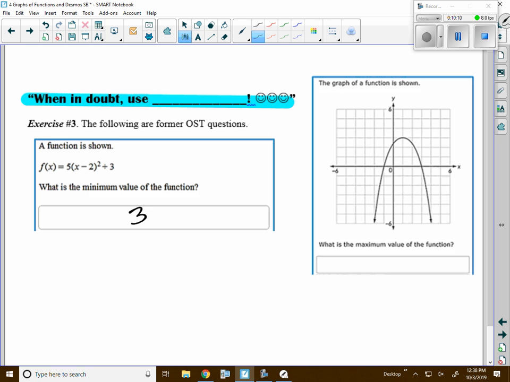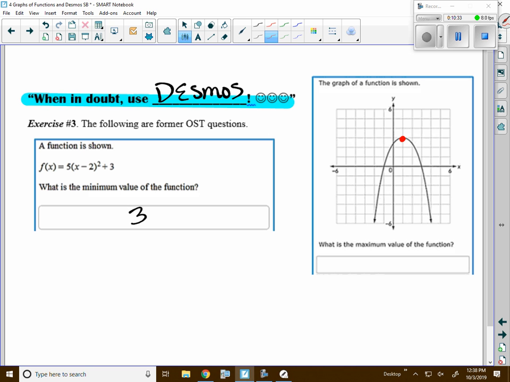When in doubt, use what? Desmos. It will help you with everything if you let it. Okay, the graph of a function is shown. What is the maximum value of the function? Here's the point.